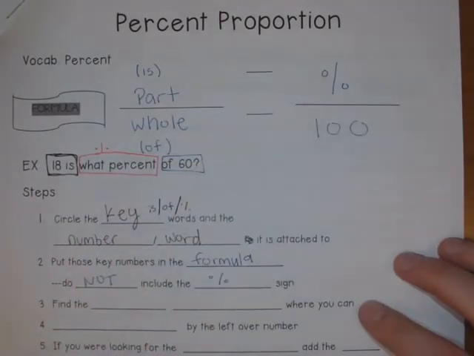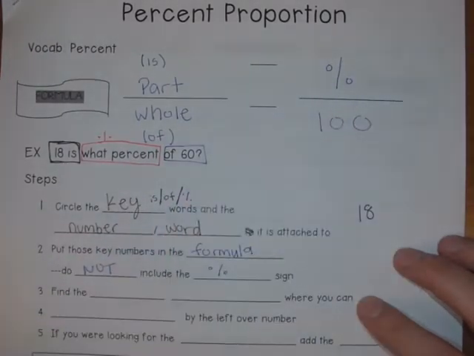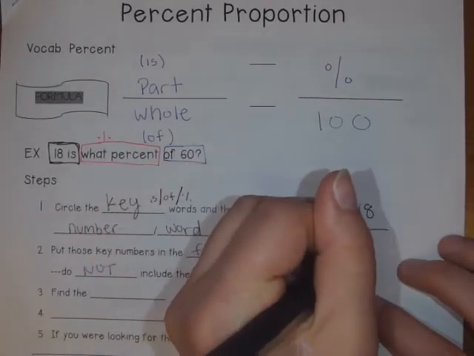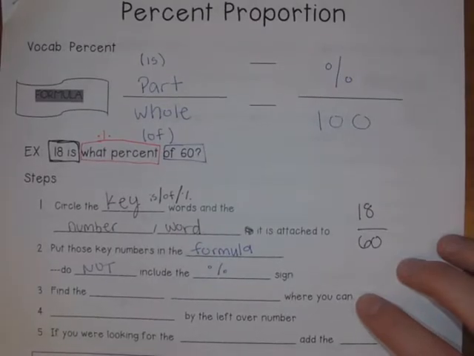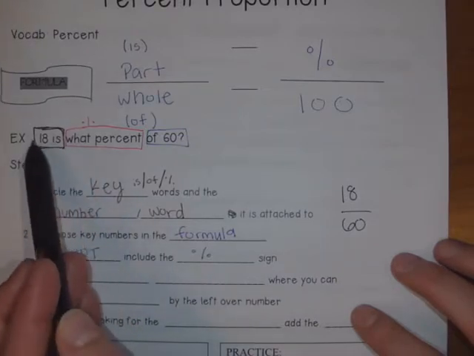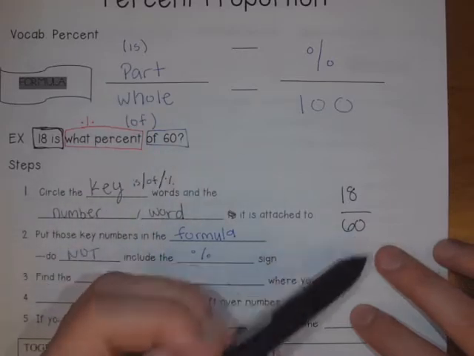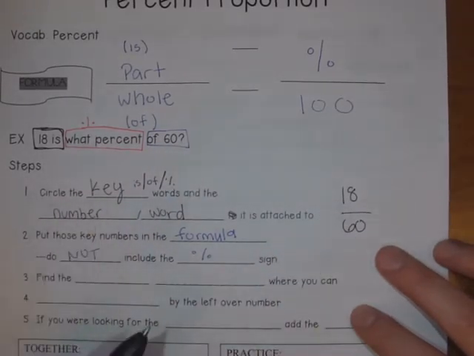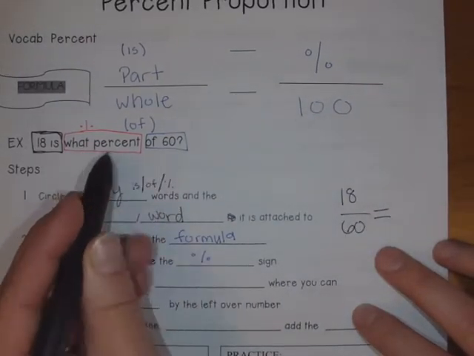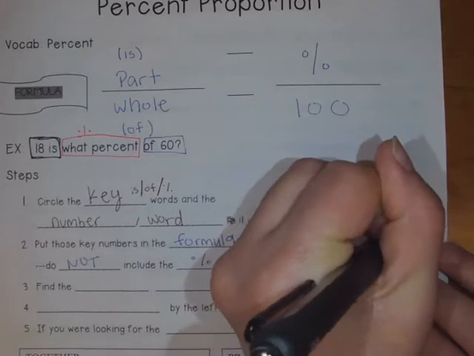So you have your 18, over the of, which is of 60. If you don't know how we got both of those, the is went with the 18, so it goes where the is, and the of went with the 60, so it went there. So is over of equals the percent. What percent? That means we don't know the percent. So your percent is x over 100.